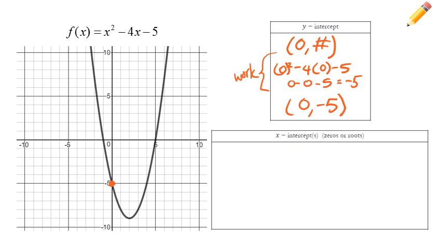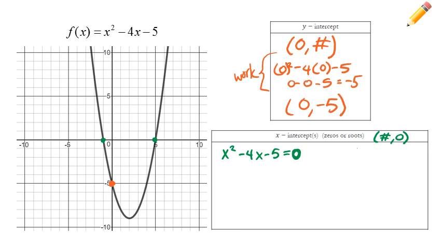X-intercepts. Yes, on this one I can see my x-intercepts. But let's also show our work for this so we can keep practicing factoring. So what that means is if I take my equation and it's equal to 0, because remember x-intercepts are a number, comma 0. Your y value is 0.